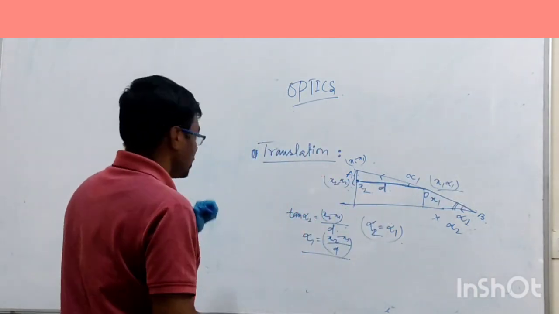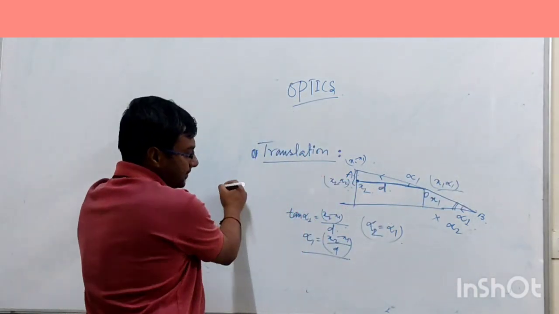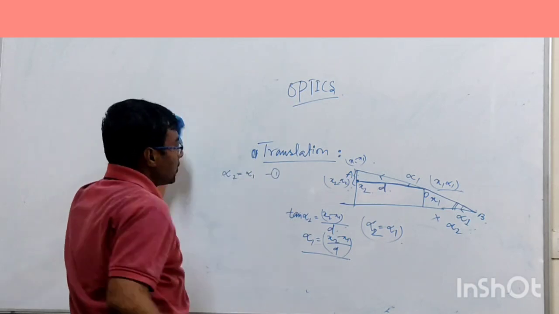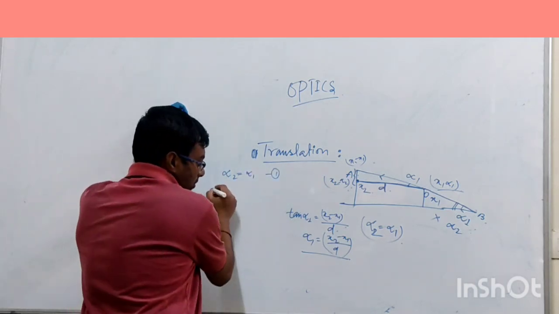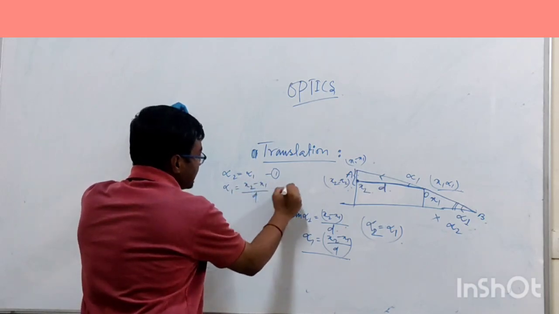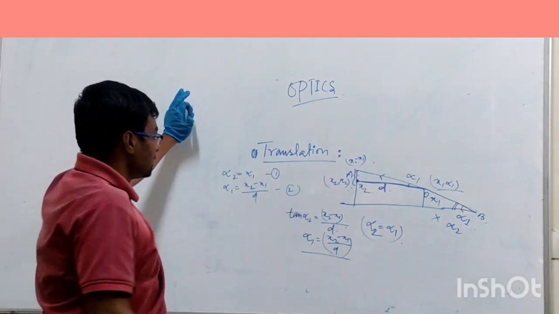For that case, we get two relationships. One is alpha 2 equal to alpha 1, equation number 1, and equation number 2 will be alpha 1 equal to x2 minus x1 by d.